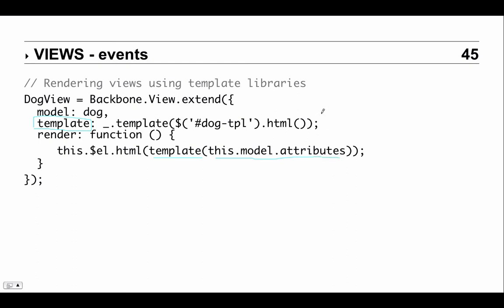So if we have something called name inside of our template, it's going to replace name with whatever the model's name is. So if the dog's name was Fido, you might have a paragraph template, and where the name attribute is, it would replace that with Fido. So this gives us a really flexible way to dynamically pass in model attributes into a pre-built HTML markup template.